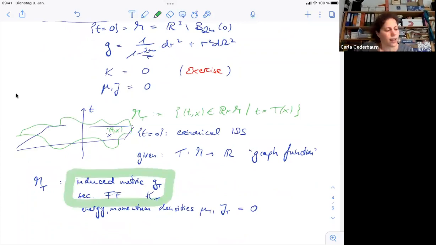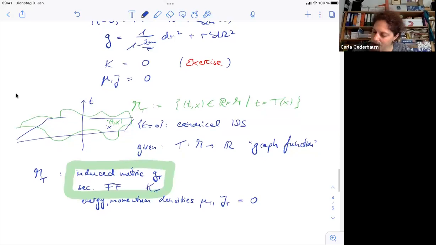Okay, I won't show you the full computations. I just want to show you the spirit of the computations, and I'll give you 2 references to read up on this. So references.